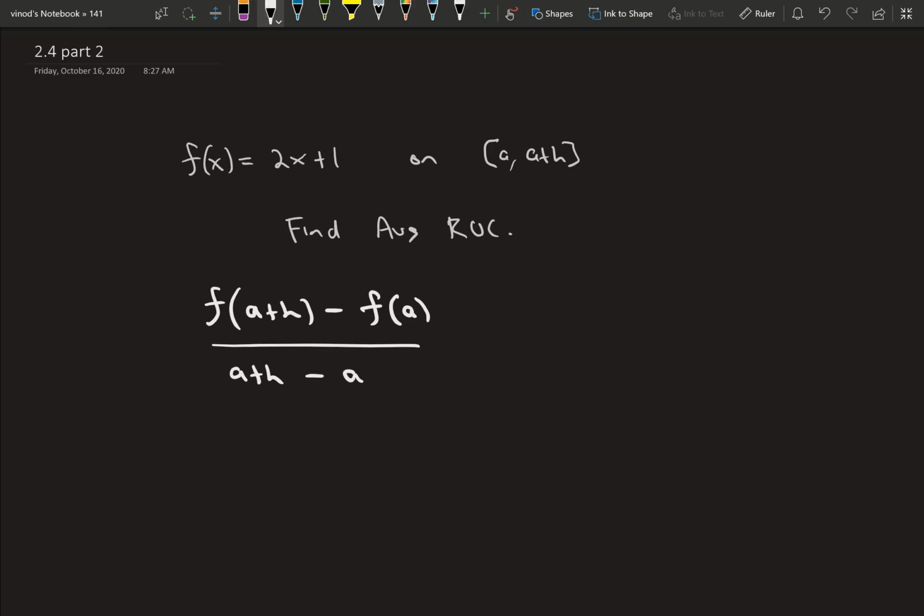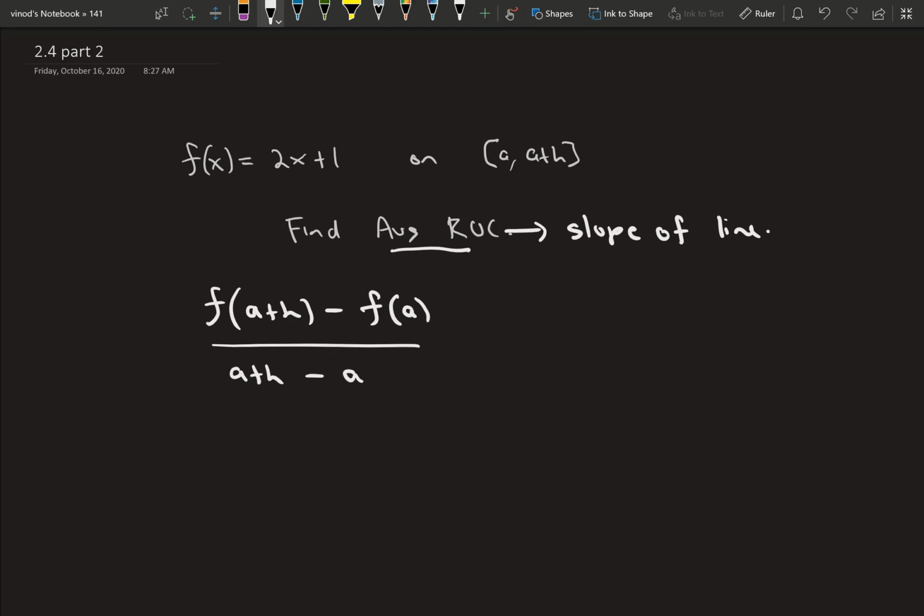So this is going to be the average rate of change, and what we're going to see is that the average rate of change corresponds to the slope of the line. And that's going to be the case for all lines, but let's just see it explicitly for this particular example.